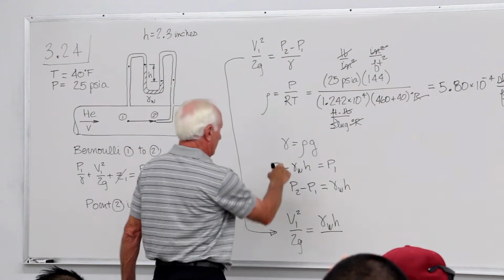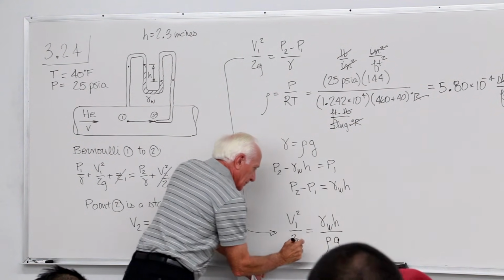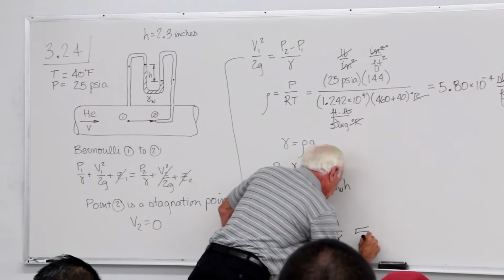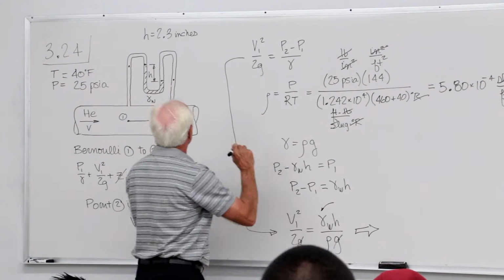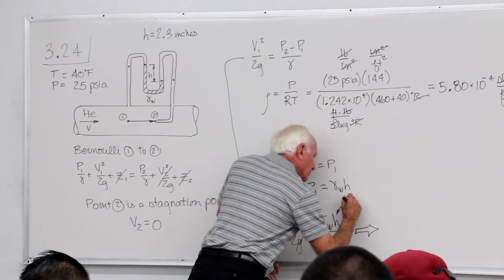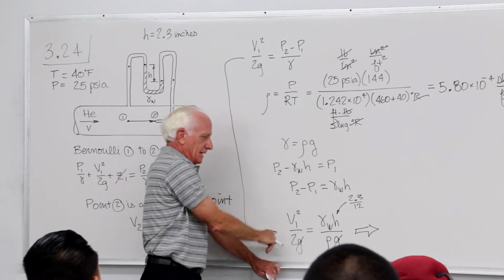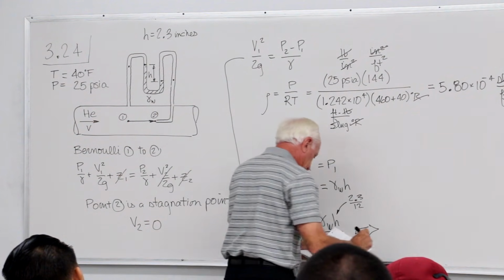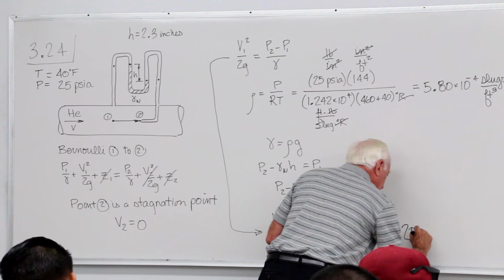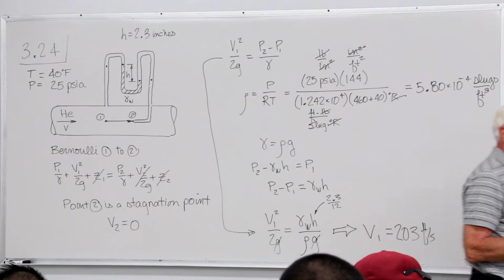And my gamma here is rho times g. The g's cancel out. H of water is 2.3 inches divided by 12. All the numbers are there, rho's up there, 2's down here, square root. When you're done, you get V1, the velocity of helium in the pipe, 203 feet per second.